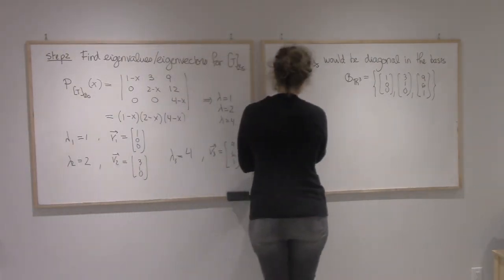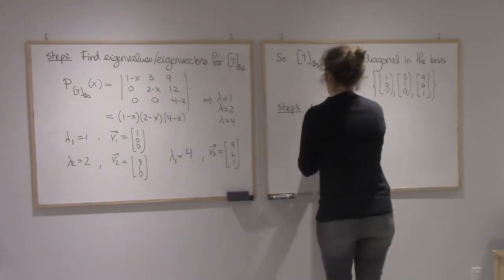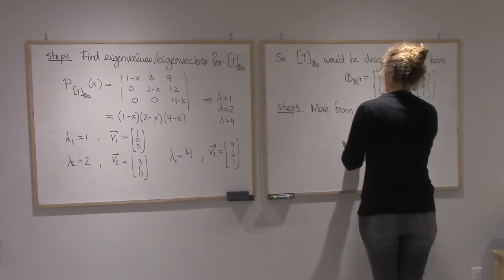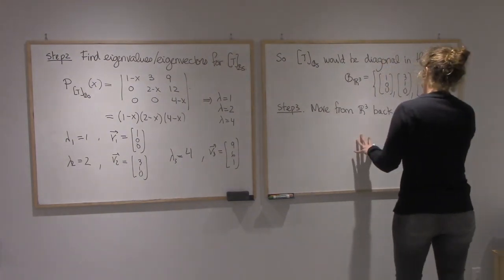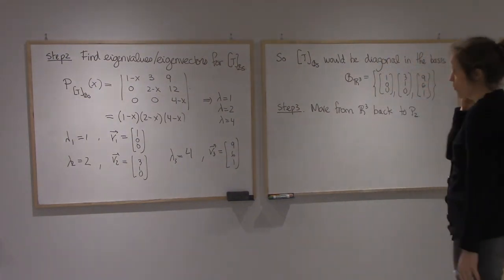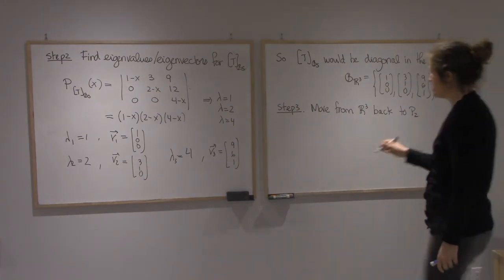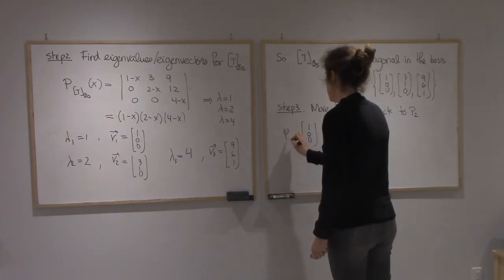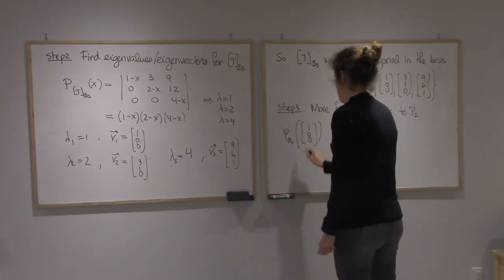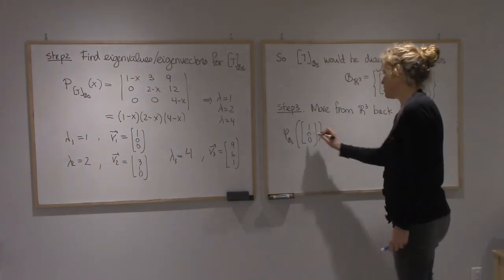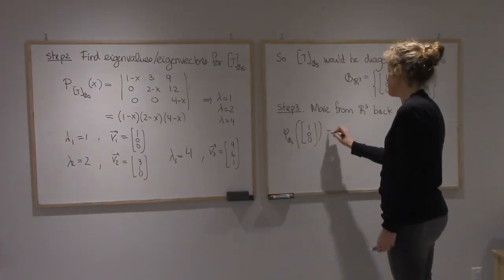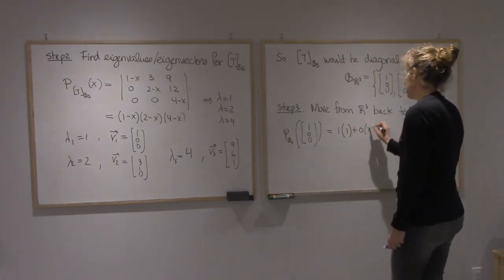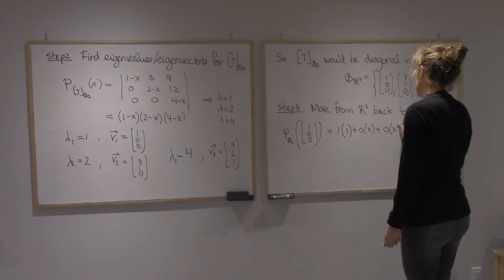So step 3. I want to move from R3 back to P2. So for 1, 0, 0, I apply phi of the standard basis, so that's going to be 1 times your first basis element plus 0 times the second plus 0 times x squared.